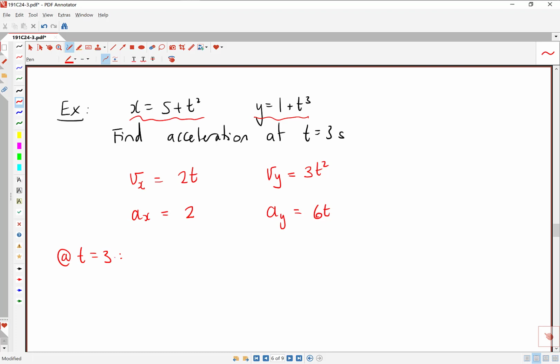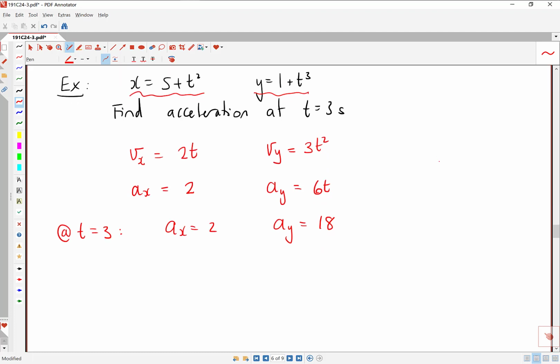So at that moment in time, the horizontal acceleration is 2. Notice that the horizontal acceleration is constant in this problem. So no matter what time value you're at, the horizontal acceleration is always going to be 2 meters per second squared. But the vertical acceleration does depend on time. So the vertical acceleration at t equals 3 seconds is 18 meters per second squared.